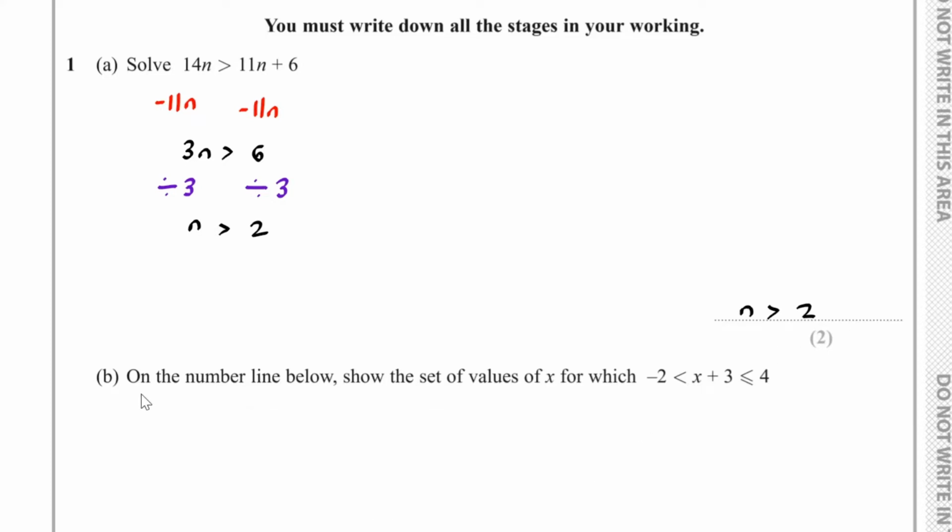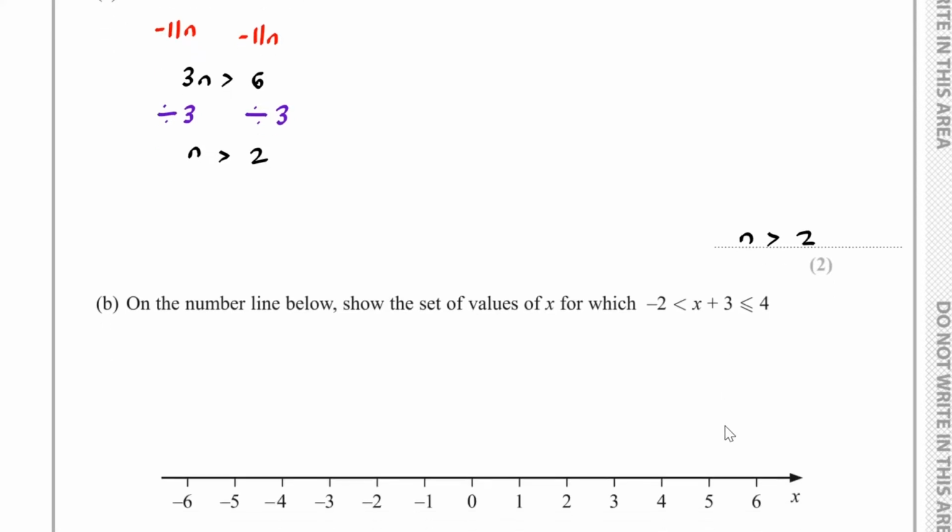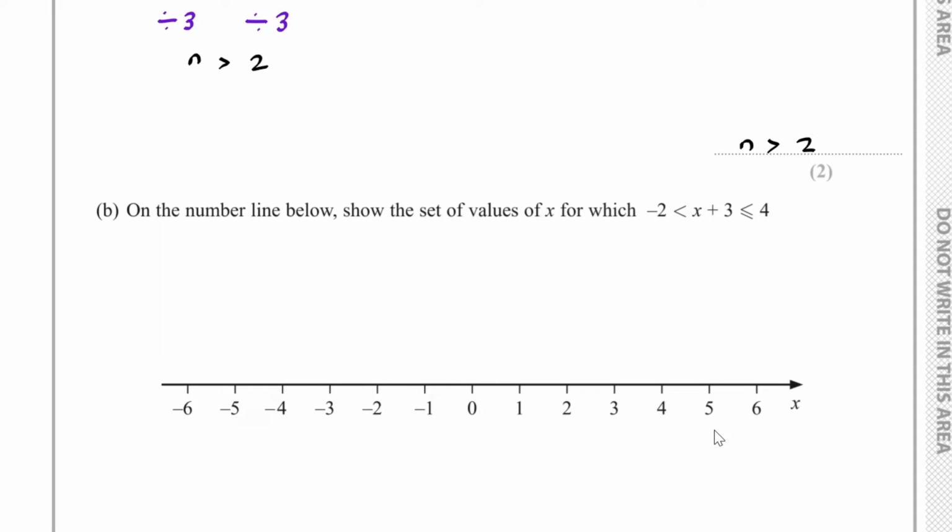And now for part B of the question, on the number line below, we have to show the set of values of x for which minus 2 is less than x plus 3, which is less than or equal to 4. The way we approach this, we want x by itself, so we subtract 3.